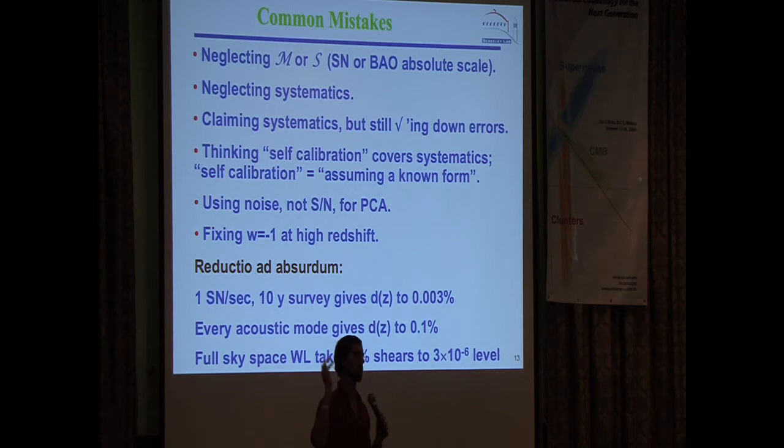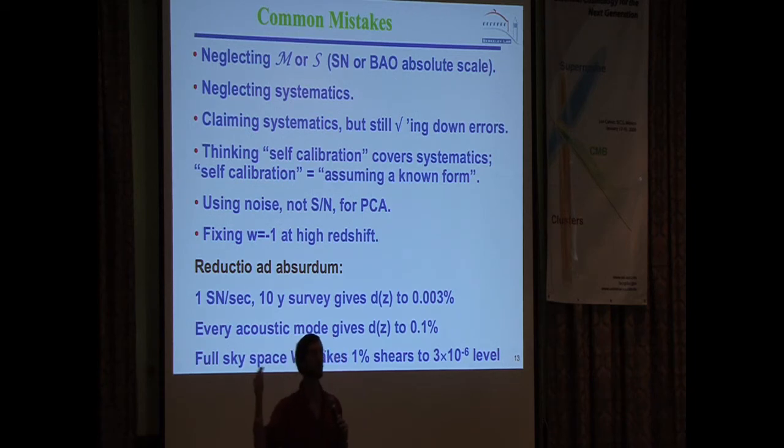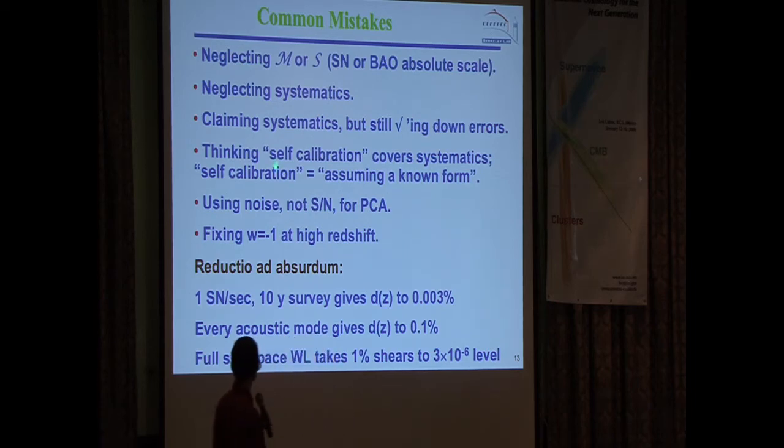So if you said, oh, it's going to evolve as 1 plus z to the n, I'm going to marginalize over n, that's my systematic fit parameter, that's fine if the evolution really is 1 plus z to the n. But if it has a different form, then you haven't removed the systematics. So you've got to remember that self-calibration is not a panacea. It's not something that just immediately solves all your problems.